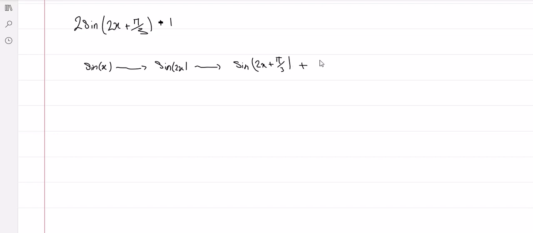Then we're gonna change this one to 2 sine of (2x plus pi over 3). And then at the last stage, we're gonna change this to have a plus 1 at the end.